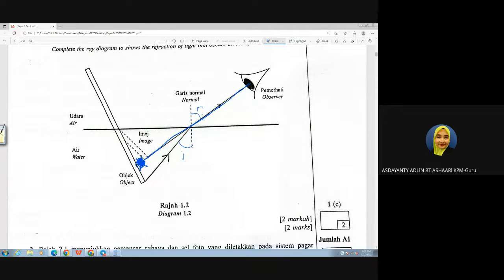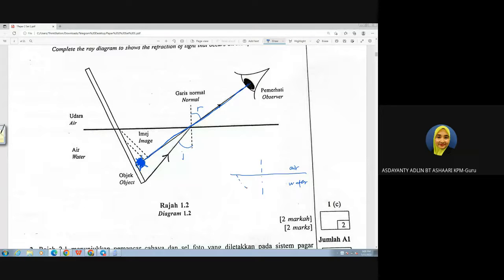So the angle of refraction will be away from the normal line. Boleh faham ya? So this is the boundary of air and water. The normal line is given. What we saw is the image.